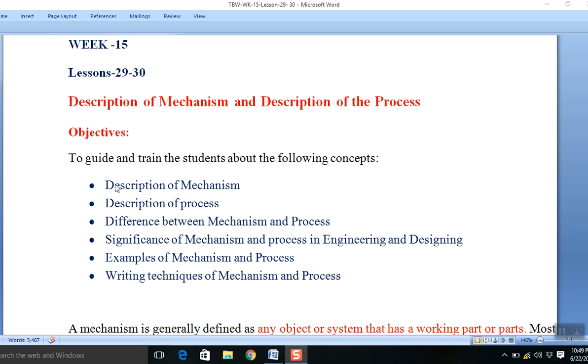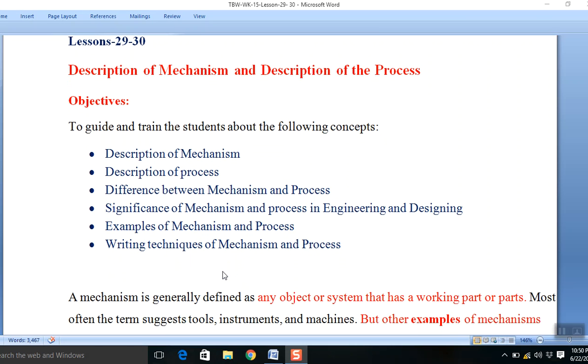The objectives are to guide and train the students about the following concepts: introduction to mechanism, introduction to process, difference between mechanism and process, significance of mechanism and process in engineering and designing, examples of mechanisms and process, and writing techniques for mechanisms and process.